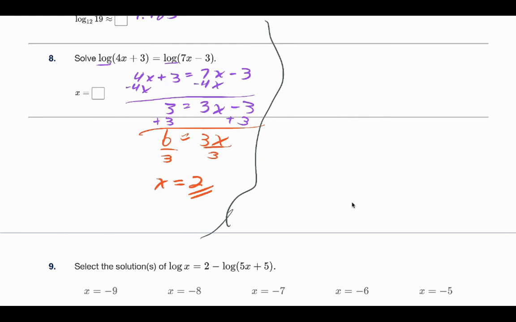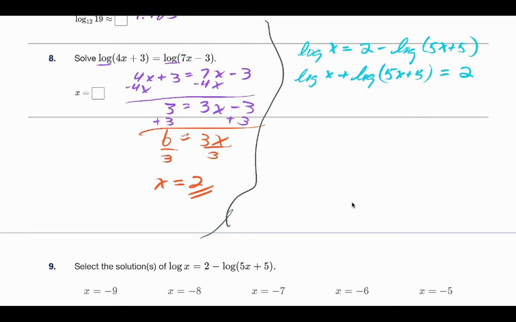So we have log of x is equal to 2 minus the log of 5x plus 5. Okay, I'm going to get the logs on the same side, so I'll have log of x plus log of 5x plus 5, and that will equal 2.